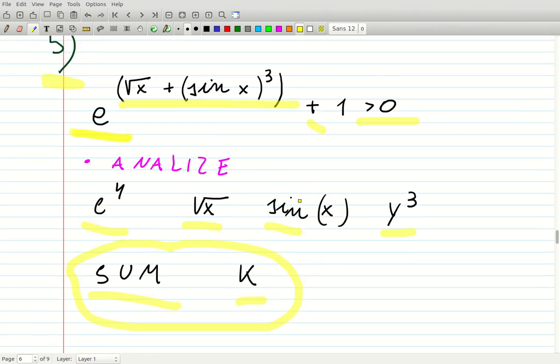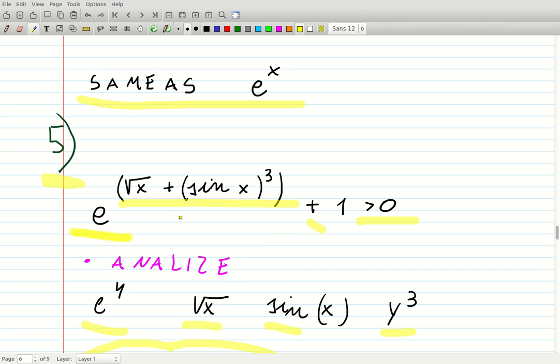Again, I repeat to let you understand this situation very clearly. Here we have an exponential function, e to y. This y is a function that can assume only real values, but for every real value, e to y will always be greater than 0. We add another quantity, 1, which is greater than 0.